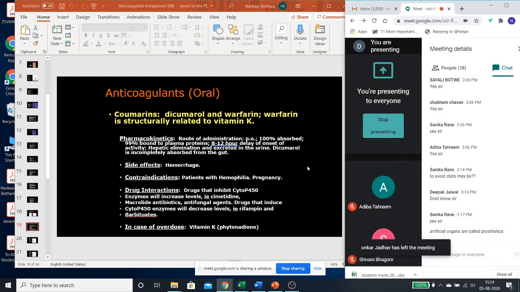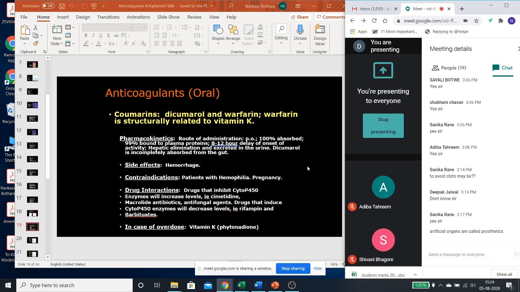Then drug interaction: this is a very gray issue, or a very typical issue, that it has so many drug interactions. There are many drugs which will inhibit cytochrome P450 and they will cause a decrease in the elimination. Examples are cimetidine-like drugs, macrolide-like antibiotic drugs, and antifungal drugs.